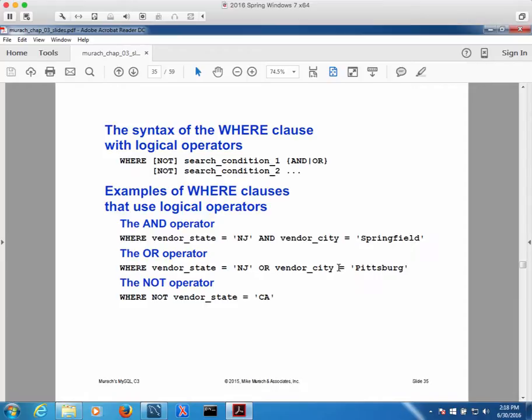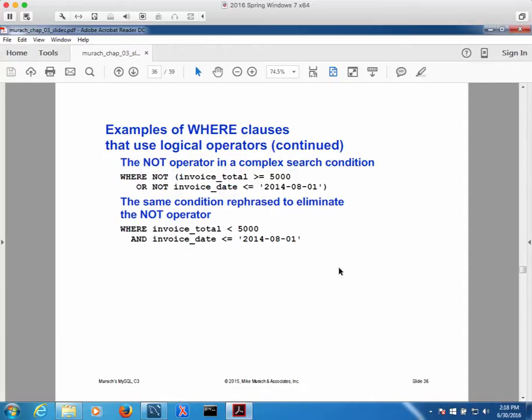Okay, and generally speaking, things work about the way you think they would. You've got to test and make sure that they're working exactly the way you think they would. Here are a couple more examples of where clauses that use logical operators. The not operator in a complex search.